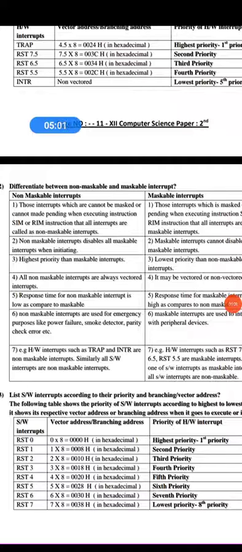Then the response time for a non-maskable interrupt is low as compared to maskable, because whenever this interrupt occurs, it should be done. So these are some points of difference, and you have to remember them. So this is all about the interrupts of 8085.